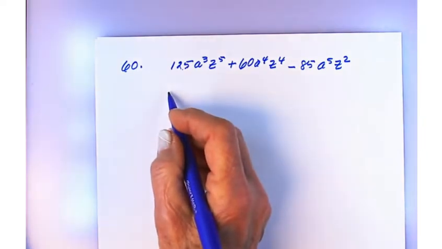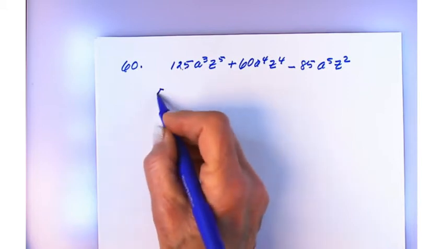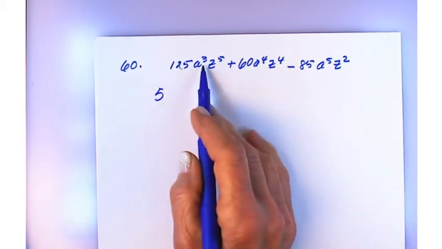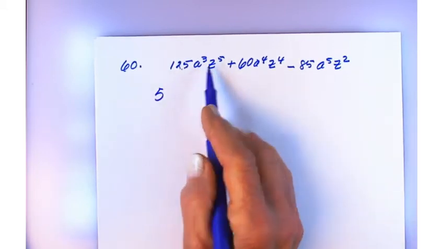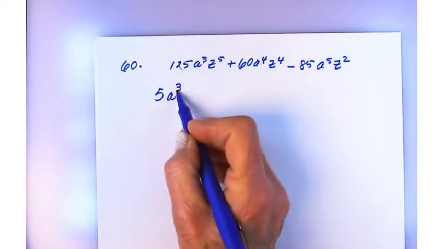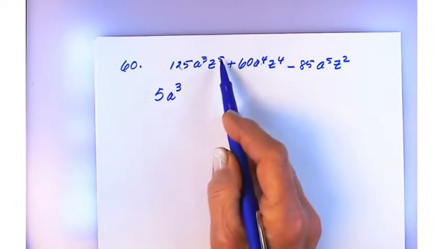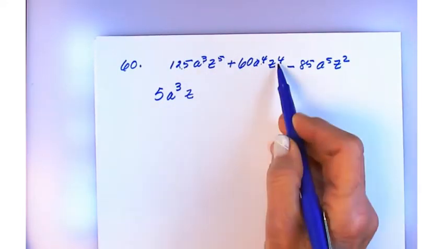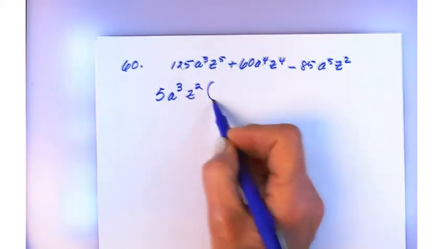So I'm going to choose 5 here, and then I can pick the lowest exponent appearing. I have 3, 4, 5, so I can only pick 3. On the z, I have 5, 4, 2, I can pick the 2.